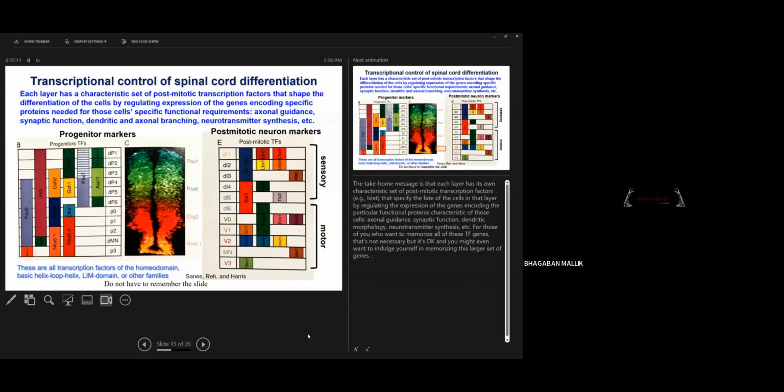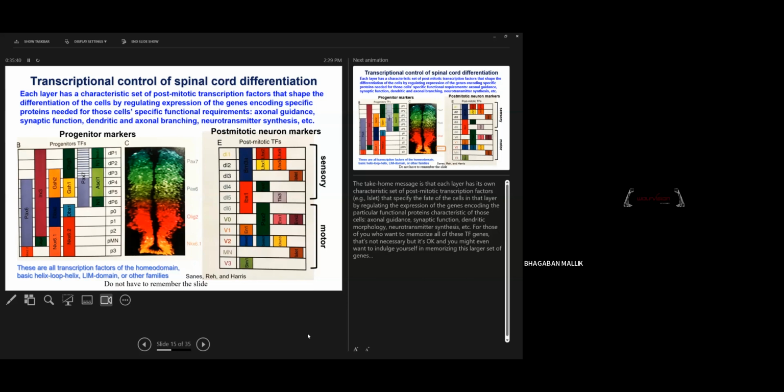You can see that the DP1 progenitor cells have this transcription factor shown here, and the P3 progenitor cells have transcription factors like NKX6.1, 6.2. You have some overlap with this green also. So it's showing the different transcription factors expressed in different progenitor cells in the spinal cord.